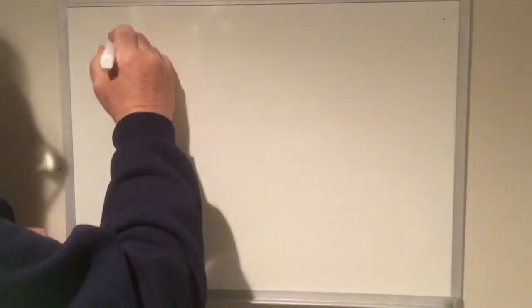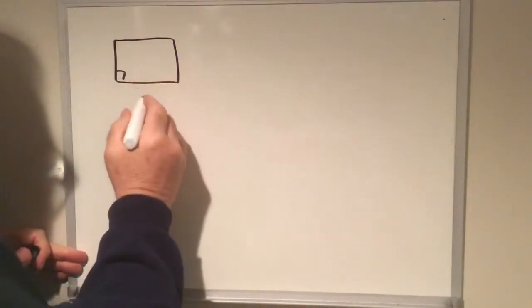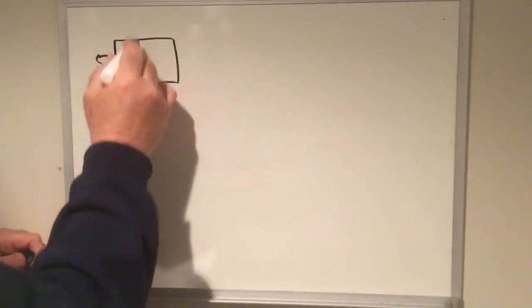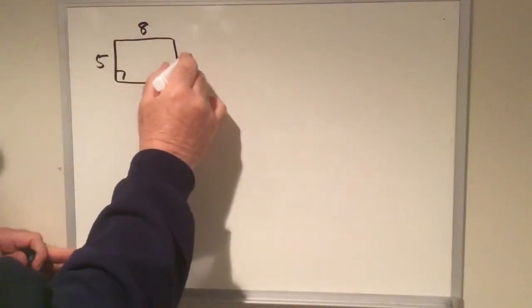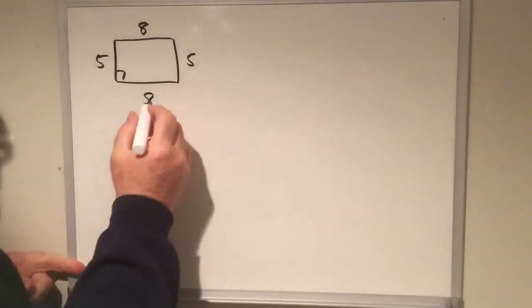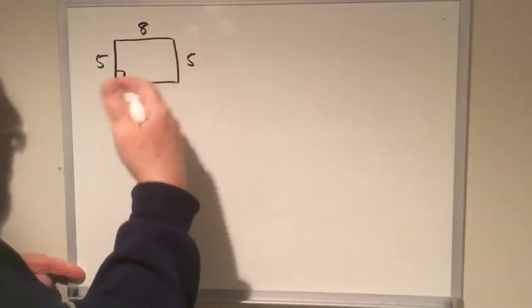The area of a rectangle, right, if we saw a rectangle here, and I said this side length here is 8, and that side length there is 5, which would make this an 8 and make that a 5. I have a hunch most of us would know the area because you would do the base times the height. And some folks would say, well, if the rectangle were standing up, it would be 5 times 8.